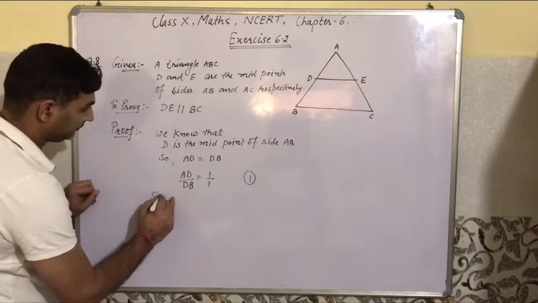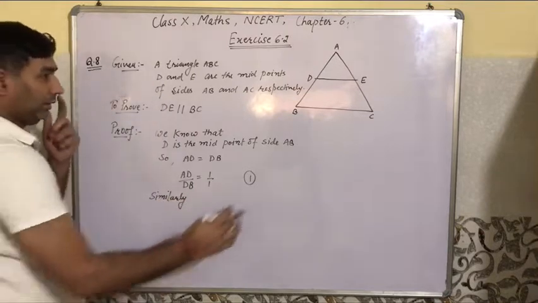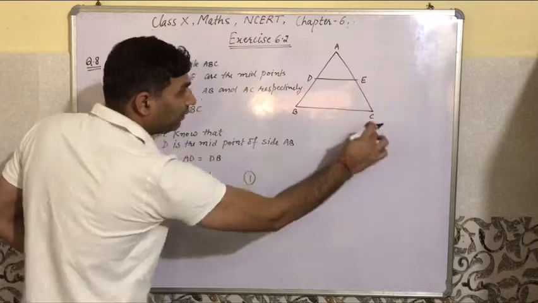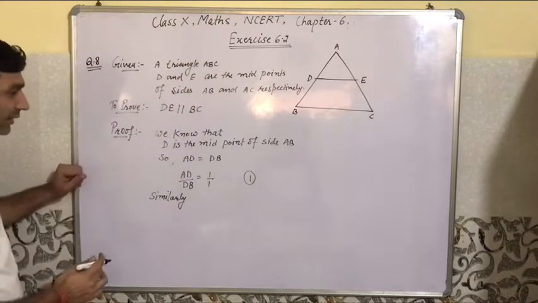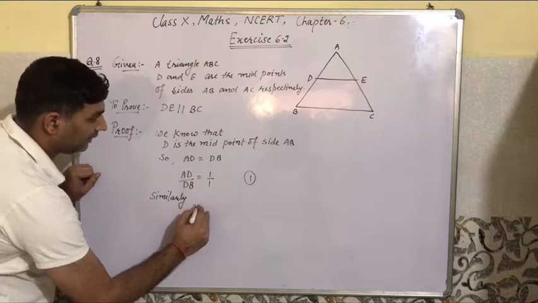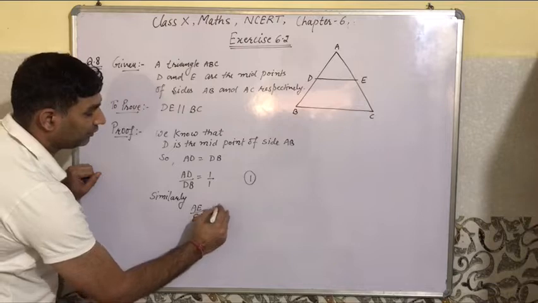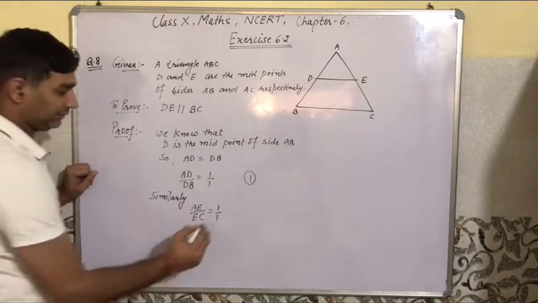Similarly, E is also the midpoint of side AC. So AE upon EC is equal to 1 upon 1.